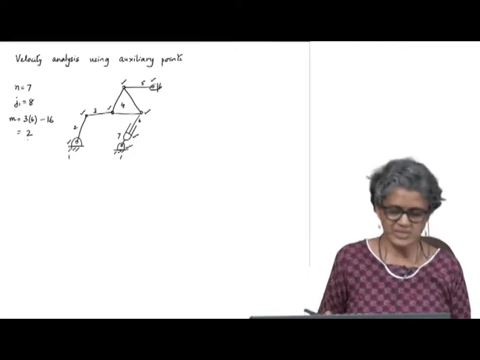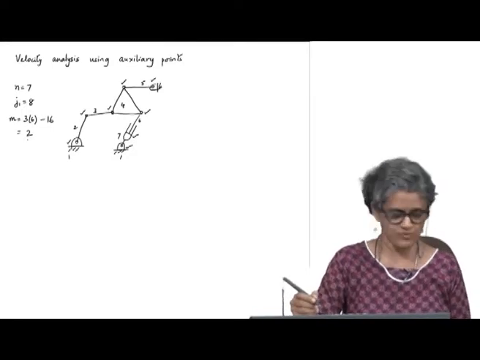Okay. So that means it needs 2 inputs, 2 velocity inputs.